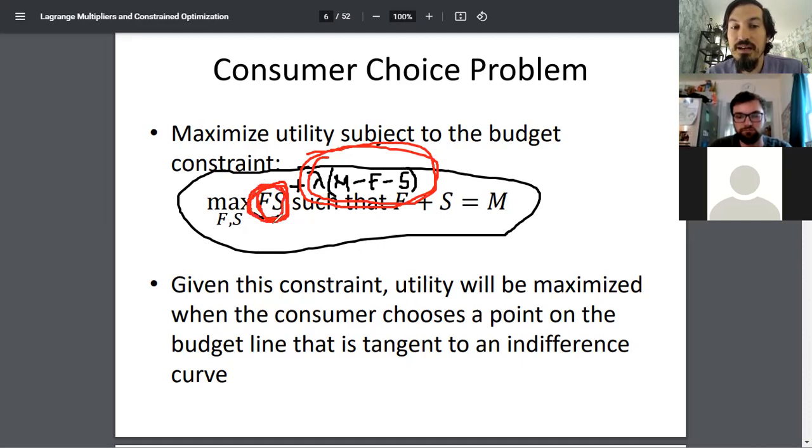It's going to have this effect on the objective function, but it's also going to have this effect on this part of the function. In the first order condition, if I take the derivative with respect to f, there's an f, so there's going to be a lambda in there. It's a way to internalize the trade-off of choosing either f or s, because changing f will mean I also have to change s in order to keep this equal to 0.